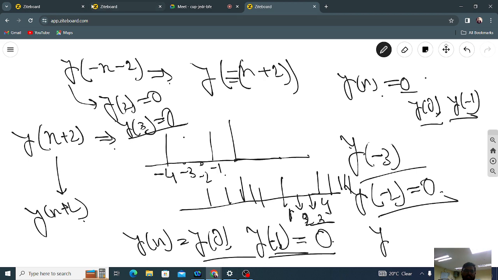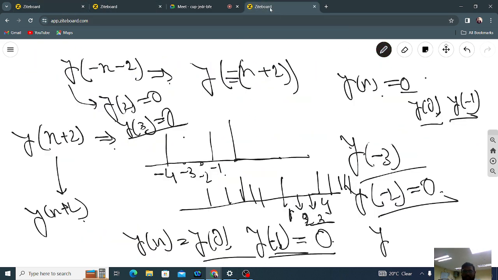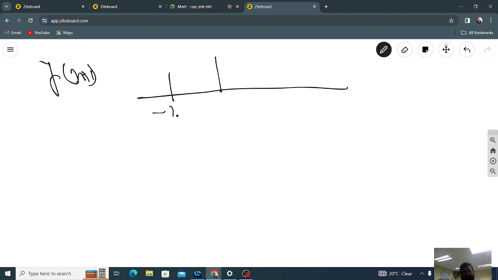Now let us check with y of n plus 1. So what is y of n plus 1? Again I am drawing y of n, taking from minus 2 and 1, and all the values are 1. For minus 1 and 0, these values are 0.